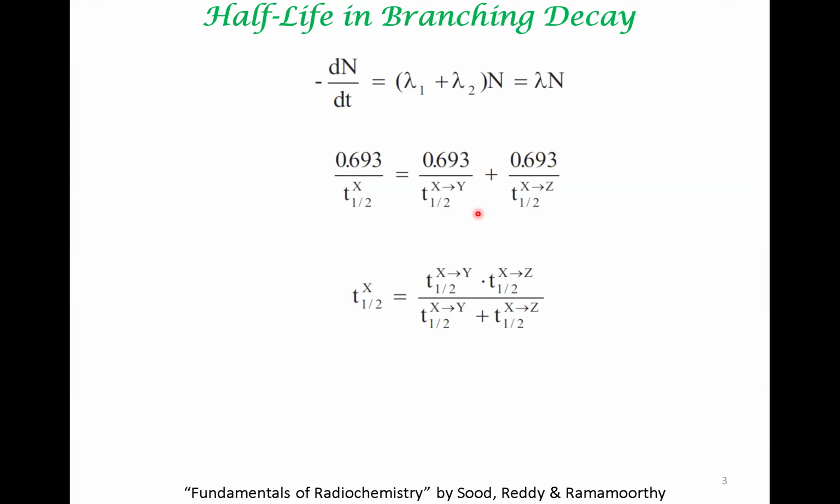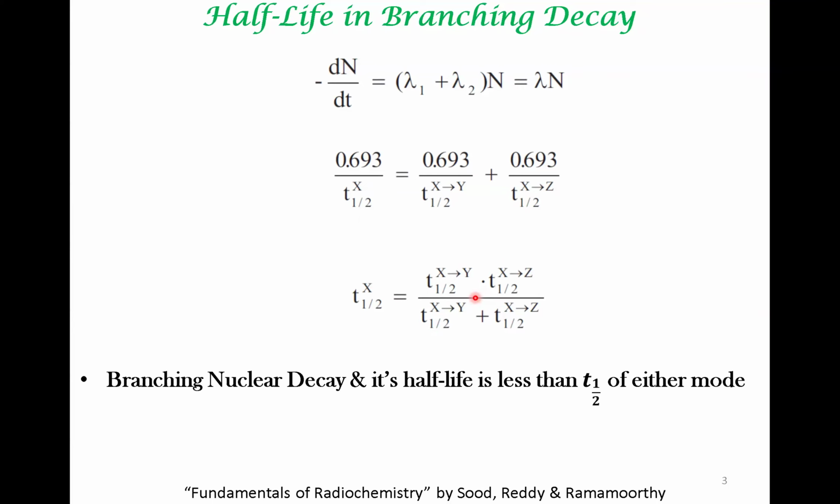In many cases, you cannot suppress one pathway completely. So the material will decay via both the processes, and the T half of such a decay process involving two different pathways is given by this formula. It's a fairly straightforward relationship to derive.